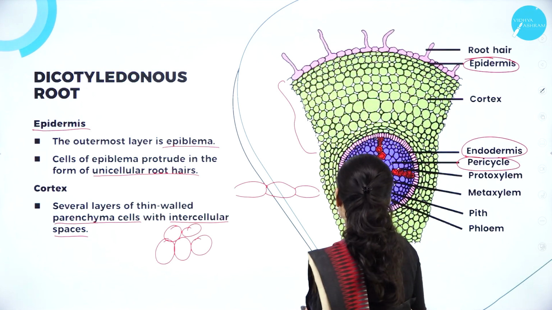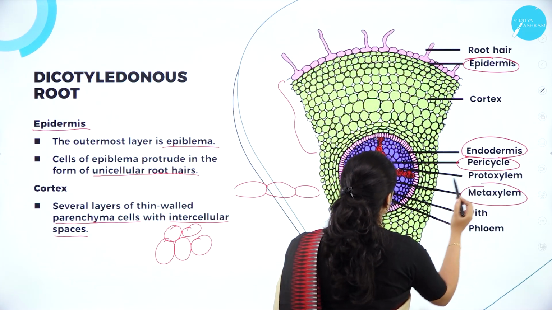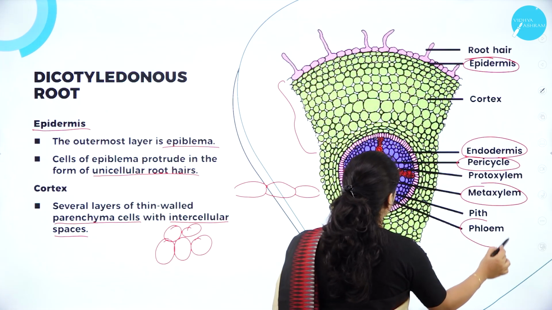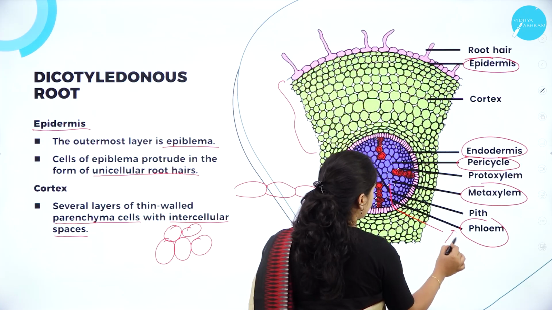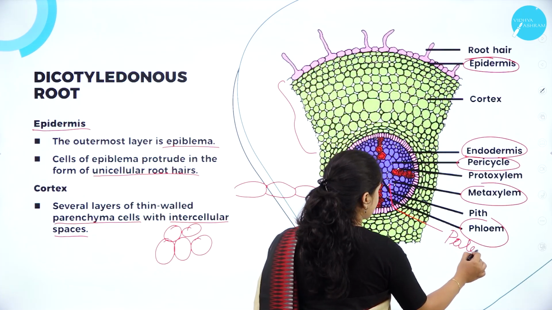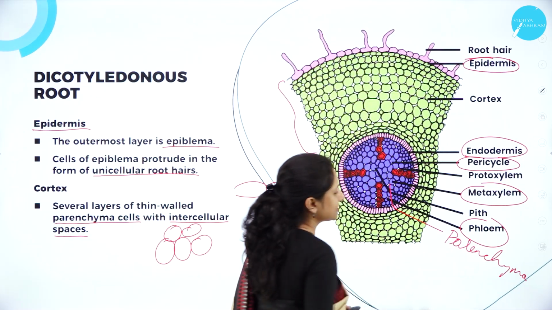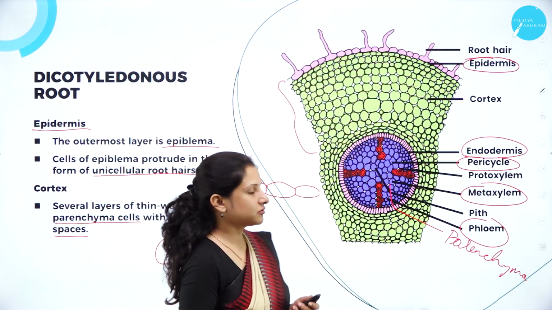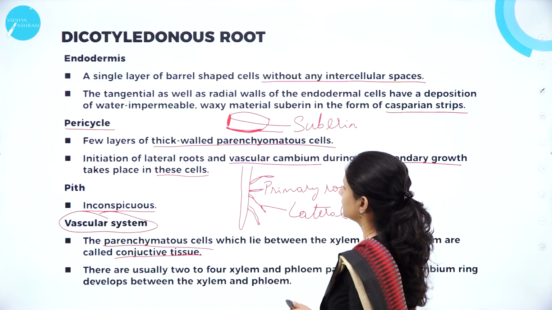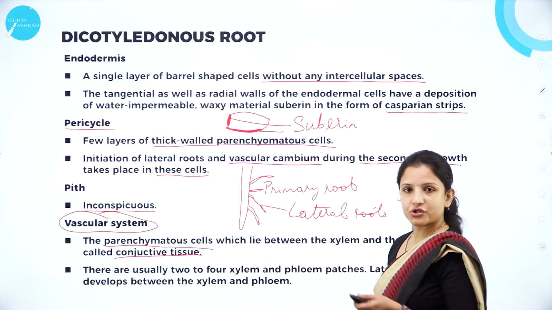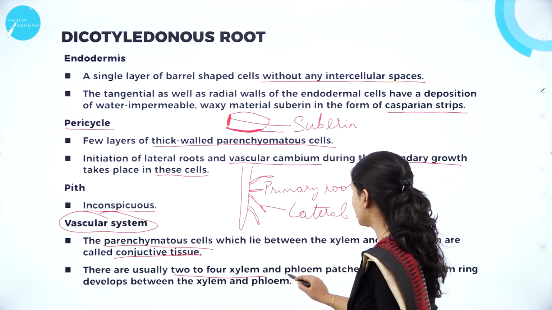If you look at this diagram, we have the metaxylem, that is the xylem elements, and then comes the phloem. Between the xylem and the phloem we can find a layer of parenchyma cells, which are called the conjunctive tissue. That is one of the characteristic features of the dicotyledonous root. Next, a dicotyledonous root will usually have 2 to 4 xylem and phloem patches.